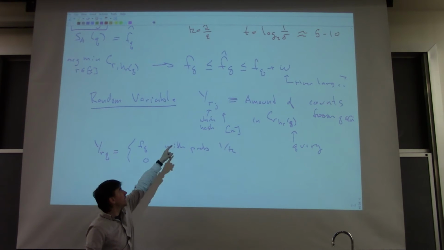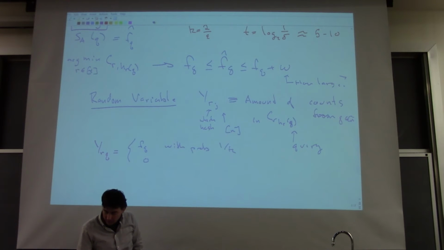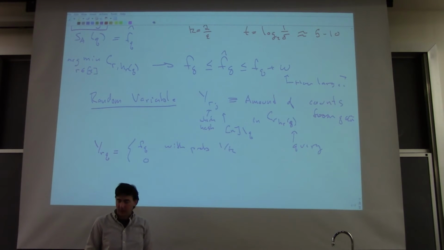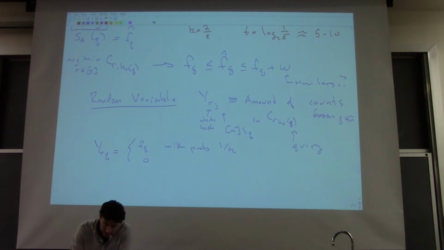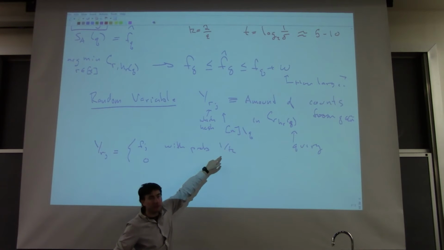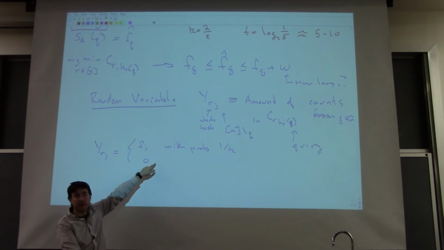And this is the jth element, which let's say is different than q, so it's in the set minus q. So one of the elements j that's not q hashed into this counter. It's either going to have an effect of f of j with probability 1 over k if it has a collision, or 0 if it does not collide.